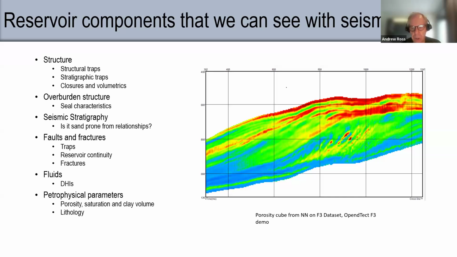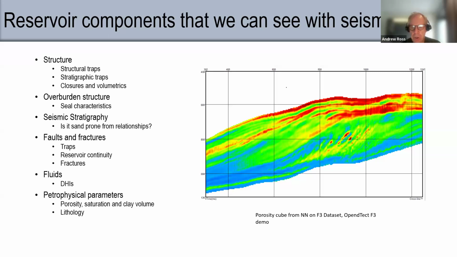So we can do things like inversion. We can take what was deterministic inversion, which is a slightly older technology, and what people are doing more recently is rock physics inversion. So we can get petrophysical parameters: porosity, saturation, clay volume are all things that we can try and invert for.